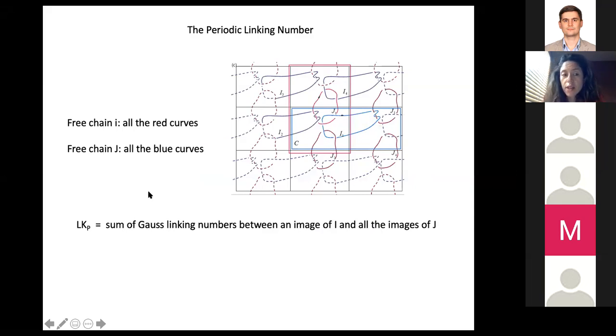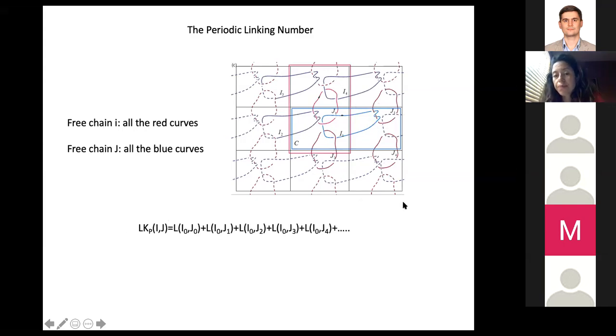And so we say that the periodic linking number is the sum of Gauss linking numbers between an image of the blue curves and all the images of the red curve. That means if we choose one image of the blue, say I1, and add all the linking numbers of I1 with all the red curves, that is the periodic linking number.